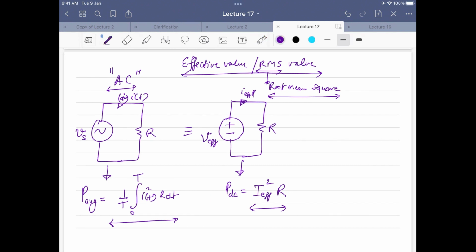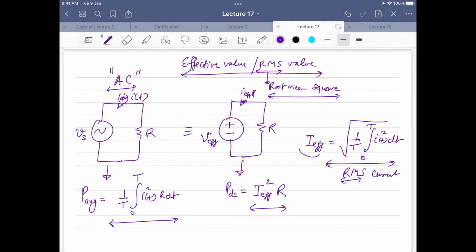Once you equate the two, the effective value comes out to be the square root of 1 by T integration from 0 to T of I(t) squared dt. This is called the root mean square value of the current.